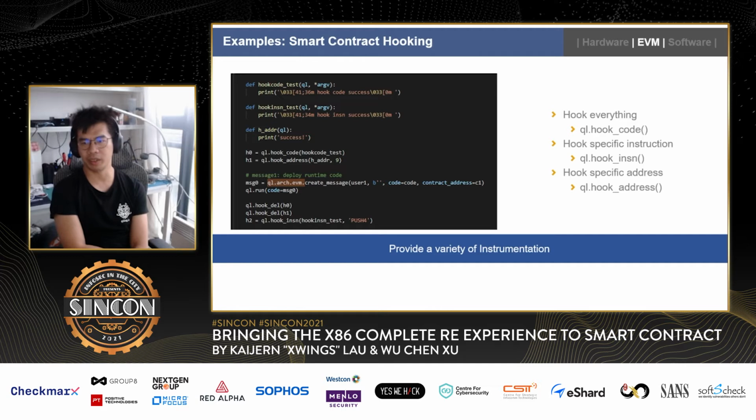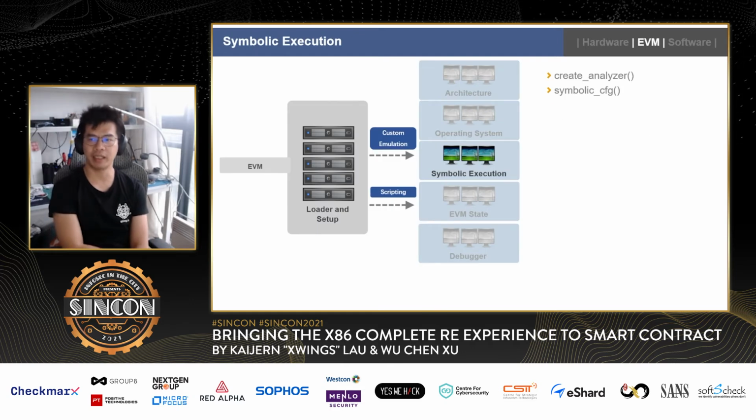These are examples: we can hook on a specific instruction like PUSH4, and we can create a hook test on a specific address. And then we have things like symbolic execution. We still haven't decided whether we want to put it in the engine or not. This is something that we are still pending.